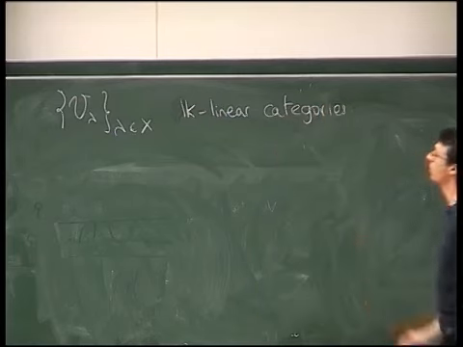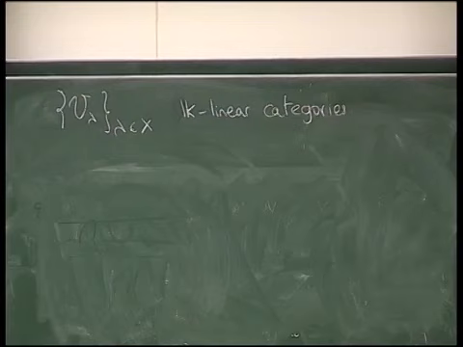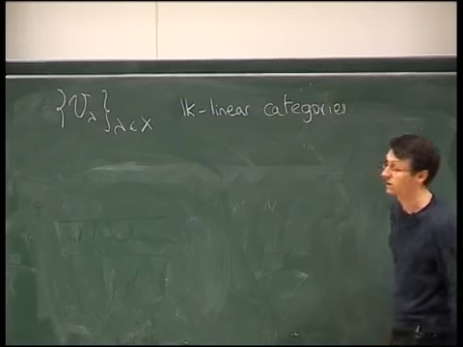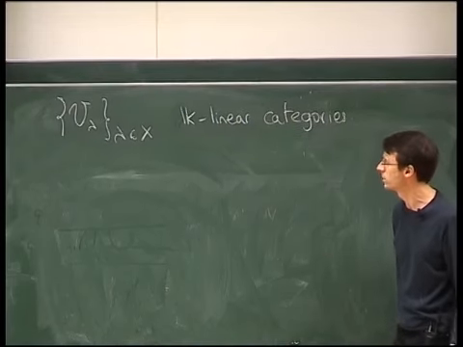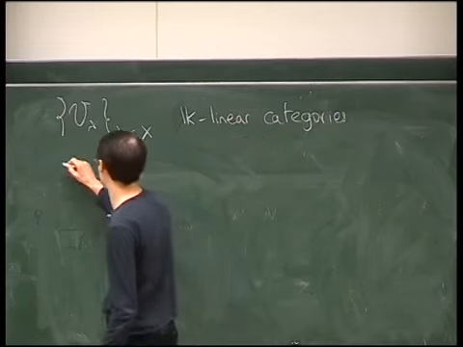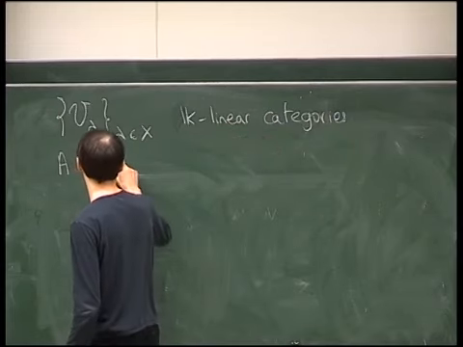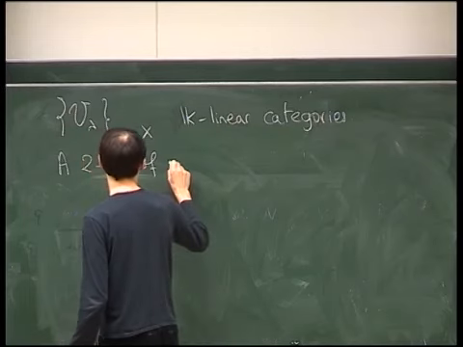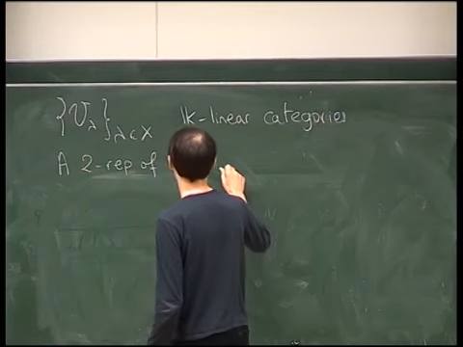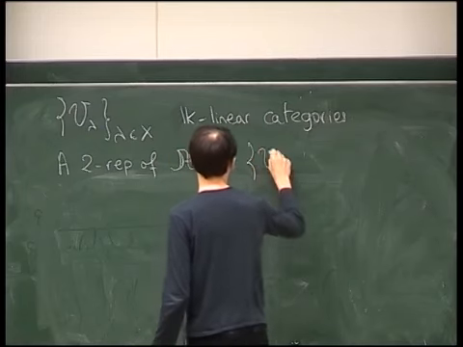You can think, if you want, of abelian categories, or triangulated categories, or just additive categories with Hom spaces being K modules. And so in action, a two representation of A on this family of V lambdas.